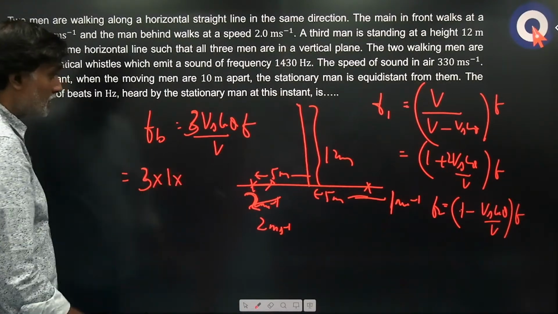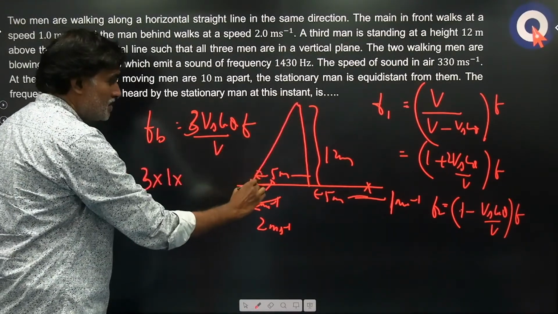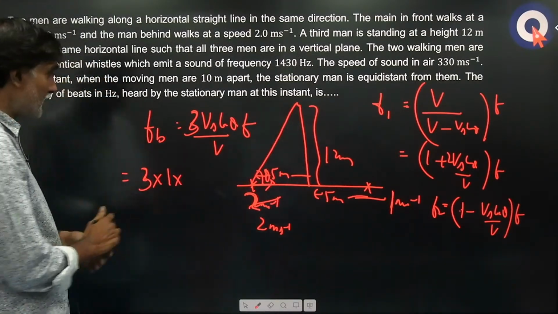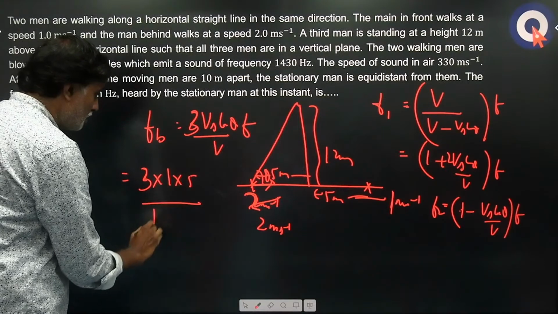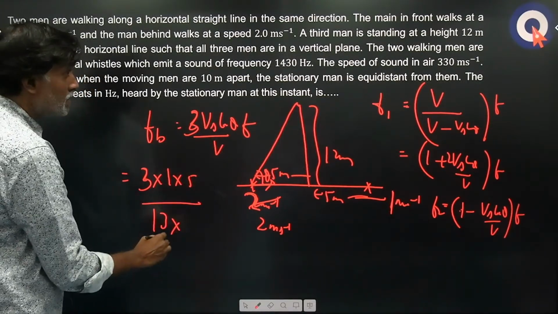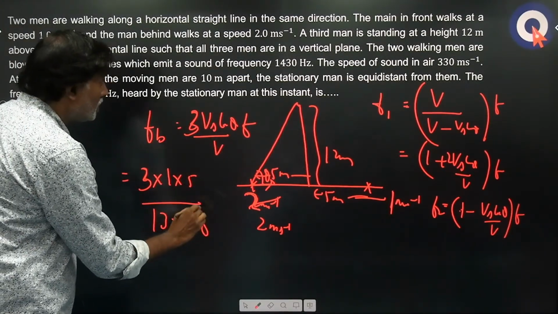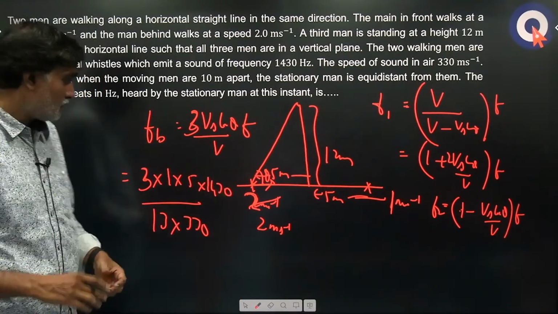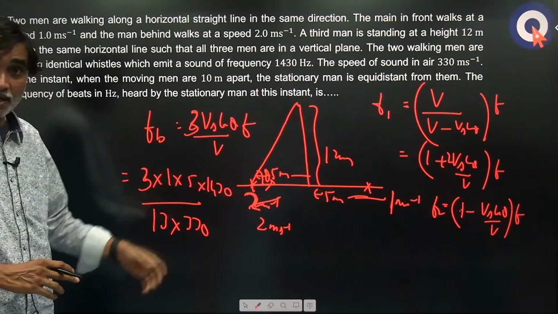And cos theta I can find. This is theta. Okay. Tan theta is 12 by 5. So cos theta is 5 by 13 I'll get. So 5 by 13 into V, where V is the velocity of sound, that is 330. And this is 1430. Okay. 1430 means I think it cancels 11 times.